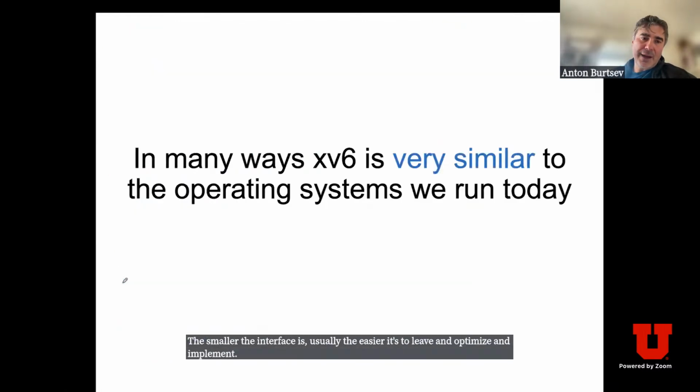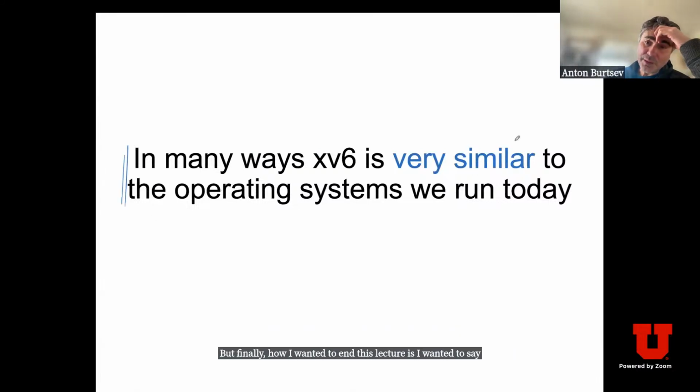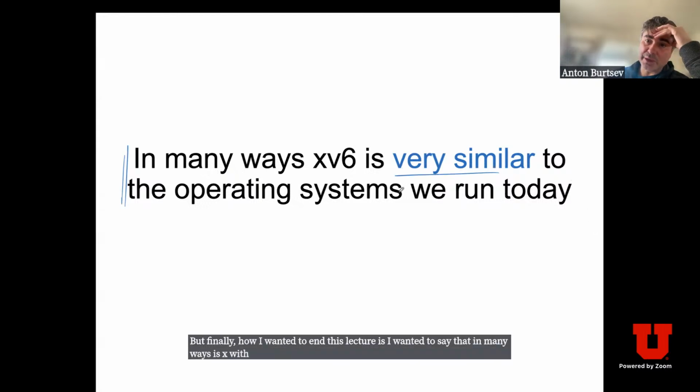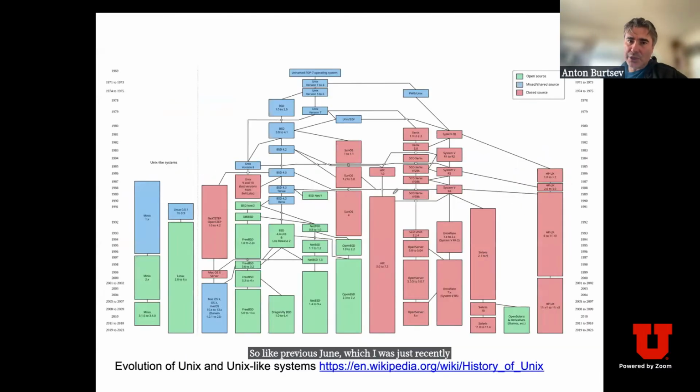But finally, how I wanted to end this lecture is to say that in many ways, this x86 is very similar to the operating systems we're running today. Like FreeBSD, which I was just recently SSHing into, and Mac OS. This is the tree of those dependencies.